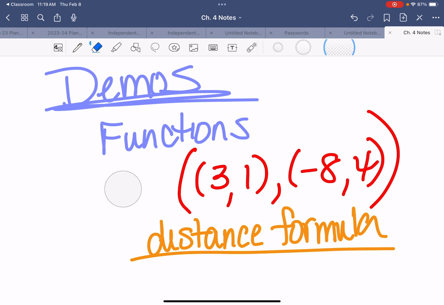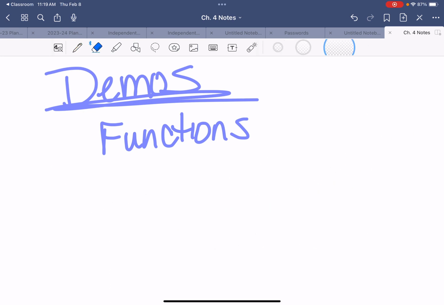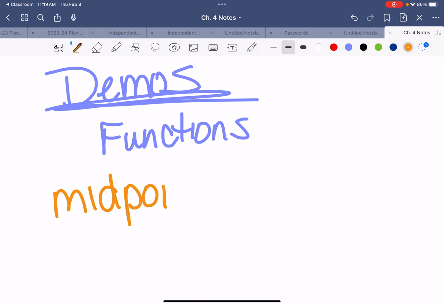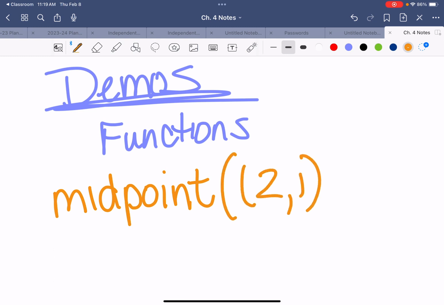Now there's a second one, and I know several of you struggled with this one. There is a midpoint function. You type in the word midpoint, and I might say, what is the midpoint between 2, 1 and 8, 10? It is going to come out and give you a point.